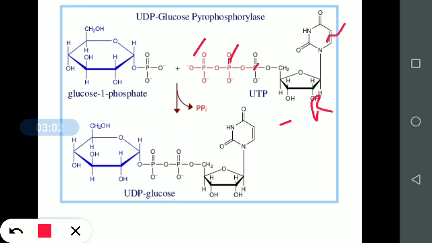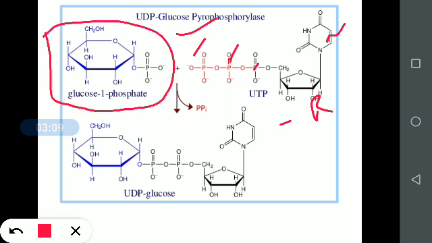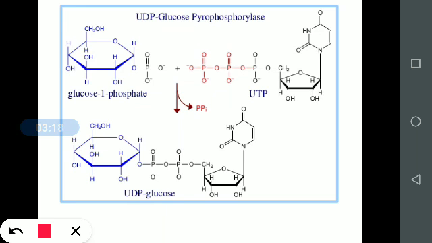UTP, in the presence of the enzyme UDP glucose pyrophosphorylase: the glucose 1-phosphate that has formed from the glucose will attach, and two phosphates will be removed in the form of pyrophosphate.